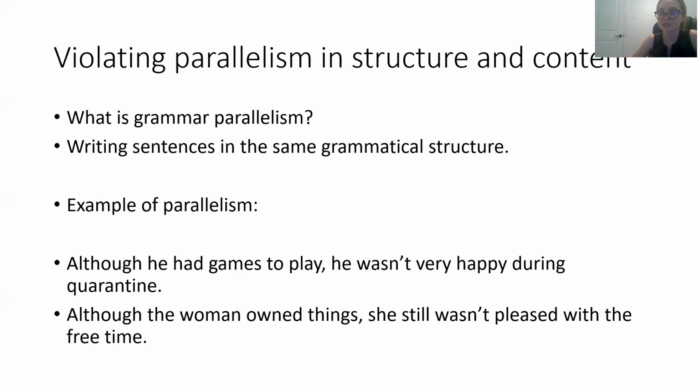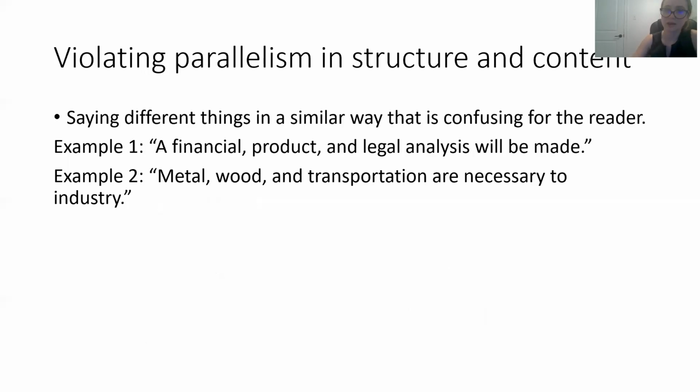When you're suggesting two very similar ideas, it makes sense to construct those sentences in similar ways, because the reader sees a natural connection between content and form. It doesn't cause any questions to arise in their mind about your formal choices, as in your sentence structure or your word choices. However, when you violate parallelism in structure and in content, those questions do come up.